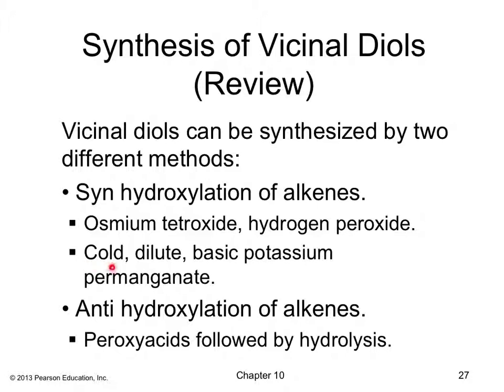So remember that this has to be cold and dilute. You can also use anti-hydroxylation of alkenes: peroxy acid, followed by hydrolysis, so making the epoxide and then opening it up. And in the presence of acidic water, it would be this reaction.